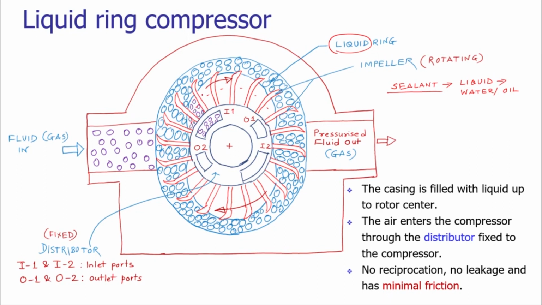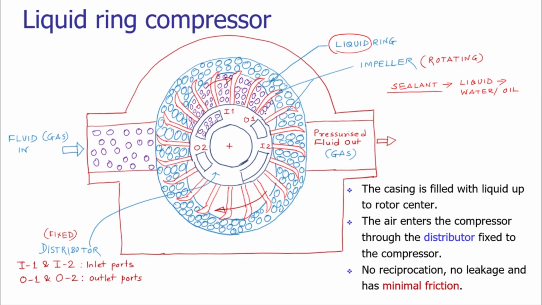Due to the impeller motion, this fluid will be moved further. The impellers are pushing the fluid, but as they push the fluid further, due to the restriction in the space, the pressure on the fluid is getting increased.